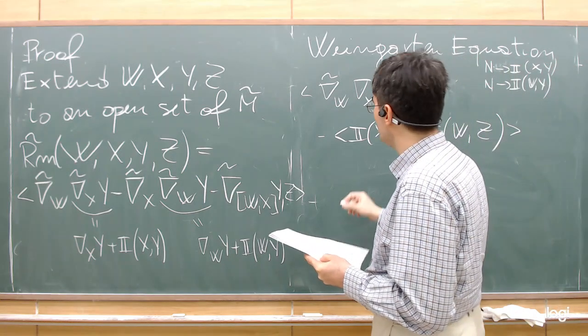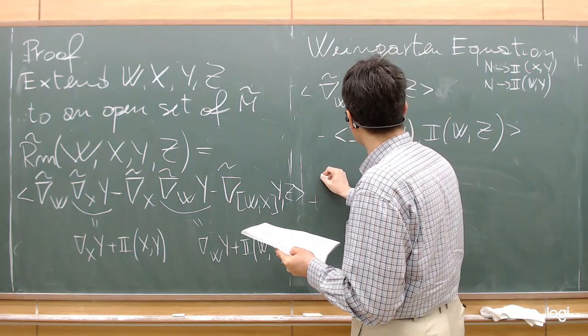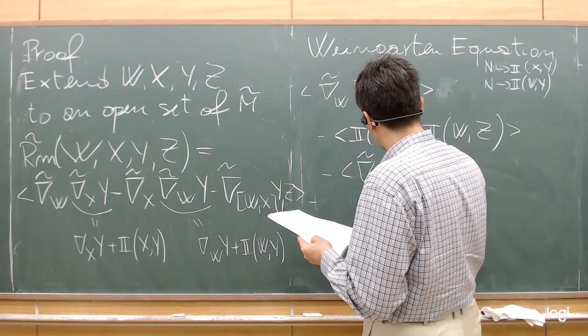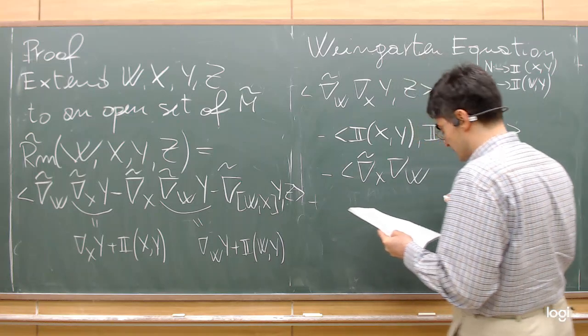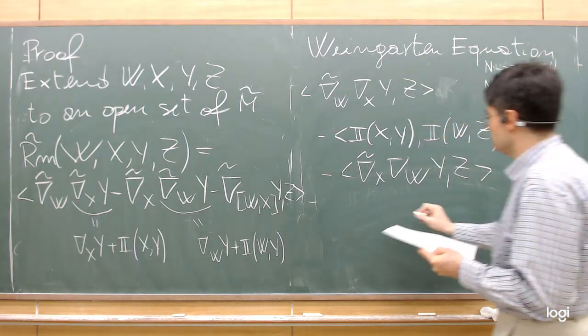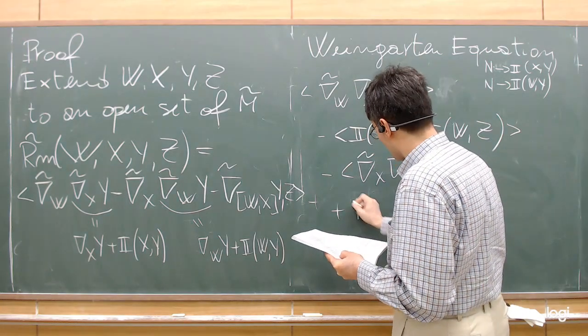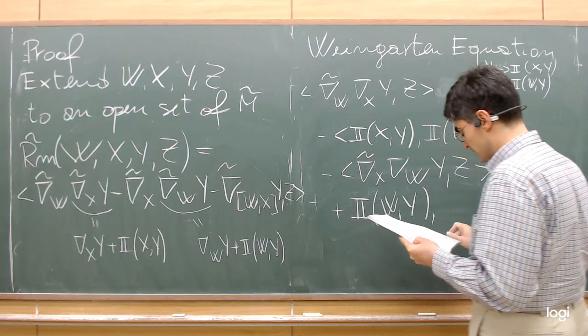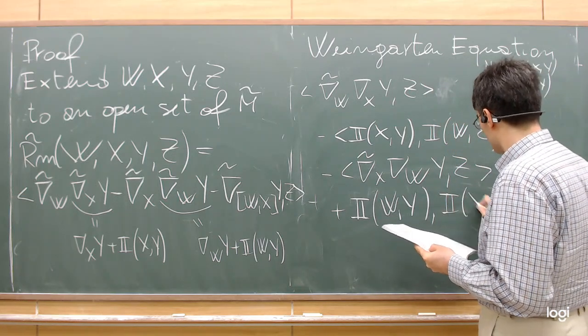Then similarly you will get minus nabla tilde_X nabla_W Y, Z plus II(W, Y), II(X, Z).